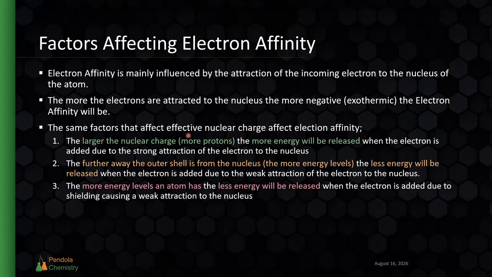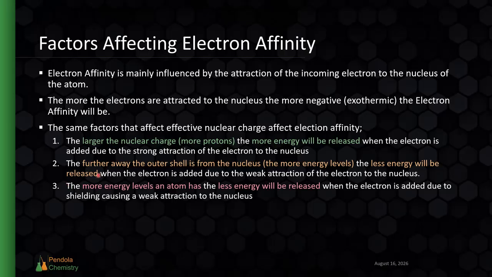The larger the nuclear charge, the larger the number of protons in an atom, the more energy will be released by the electron affinity, the more negative or exothermic the electron affinity will be, because the electron that is added has a stronger attraction to the nucleus. The farther away the outer shell is from the nucleus, meaning the more energy levels that atom has, the larger the atom, the less energy will be released.